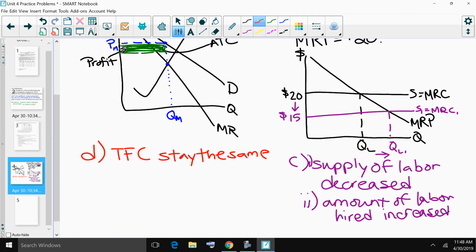However, D2, how would our marginal cost change? Well, our marginal cost includes our variable cost. So our marginal cost includes this labor supply. Our cost is going down, so marginal cost would decrease.